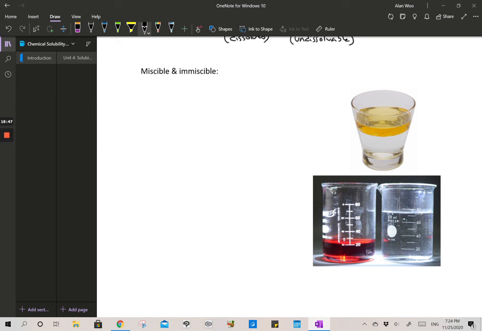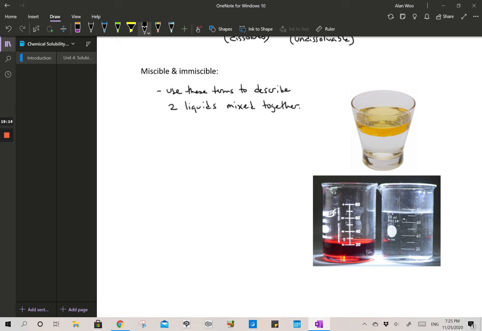Okay, we use these two words when referring to two liquids. So you use these terms to describe two liquids mixed together.